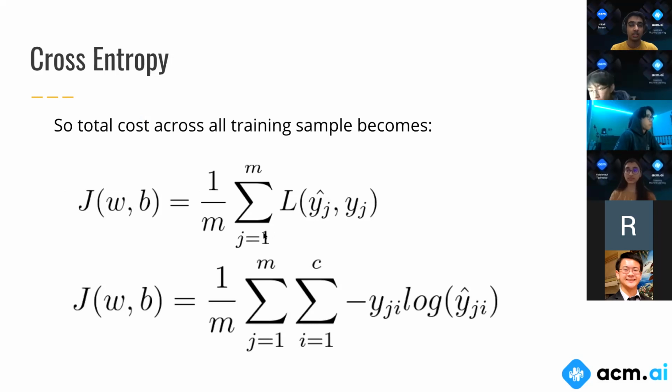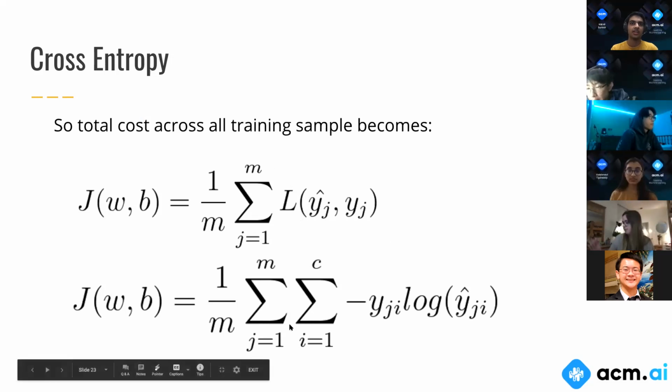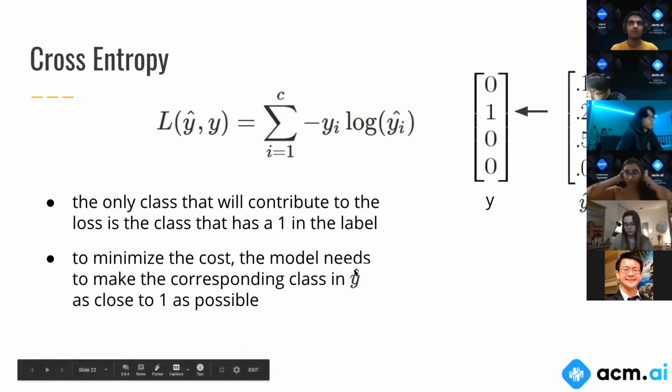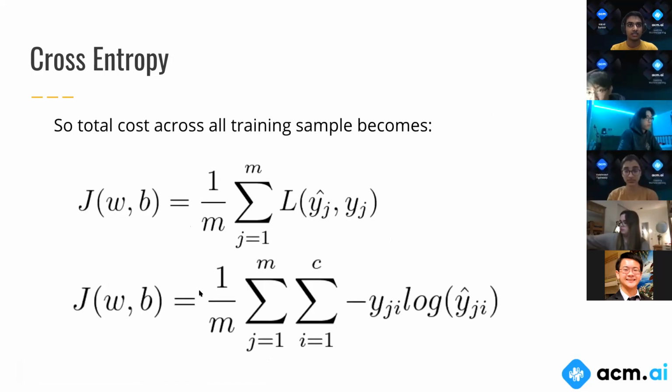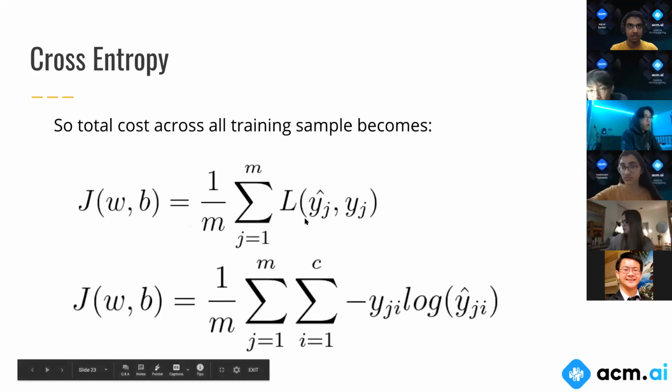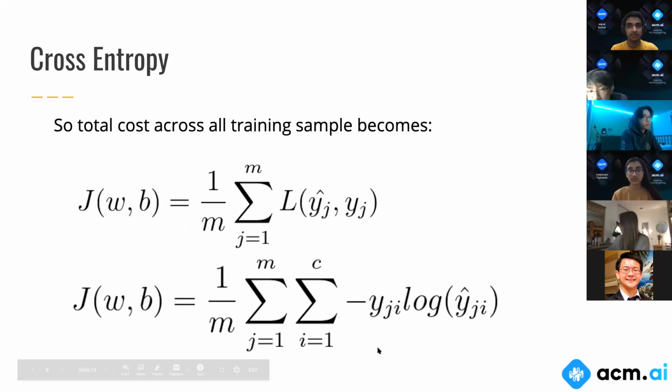We're taking the loss of our jth prediction and our jth label for our M data points, or our M pictures. And basically we're just averaging the loss over all of these pictures. If you expand this with our past definition of the loss function, we get this summation down here. We just plug in the loss right here, and we get this.